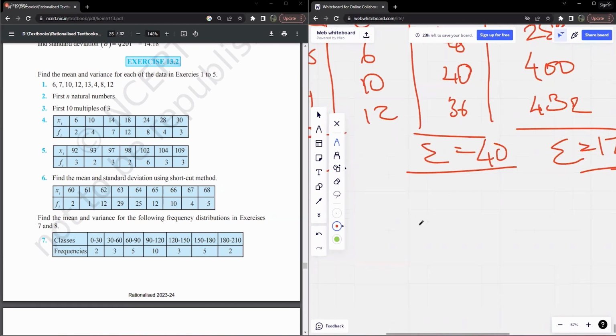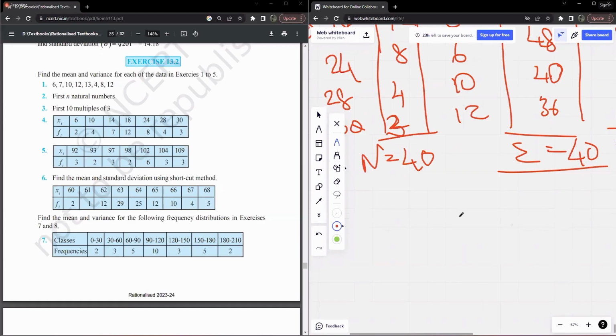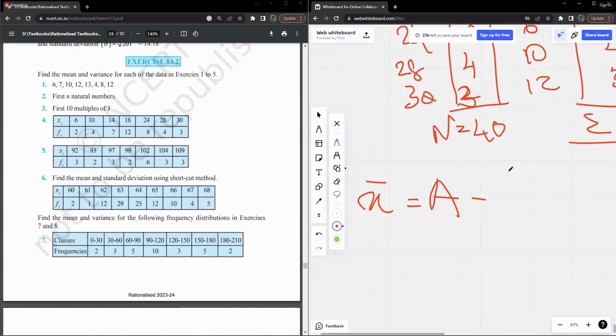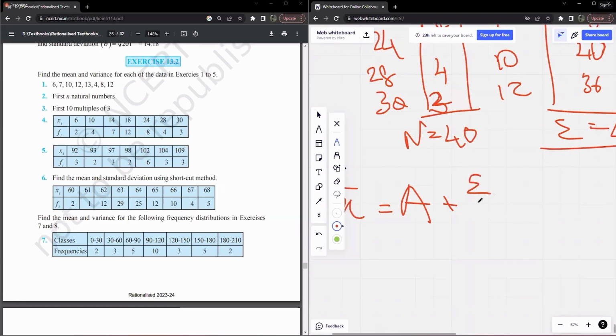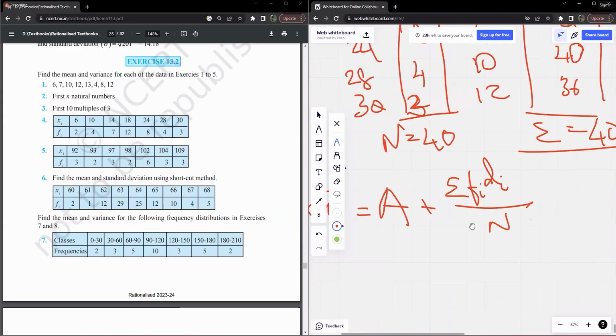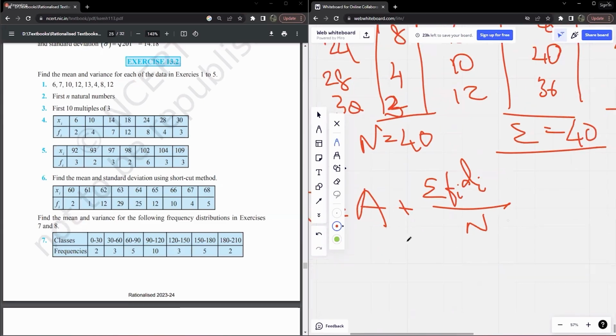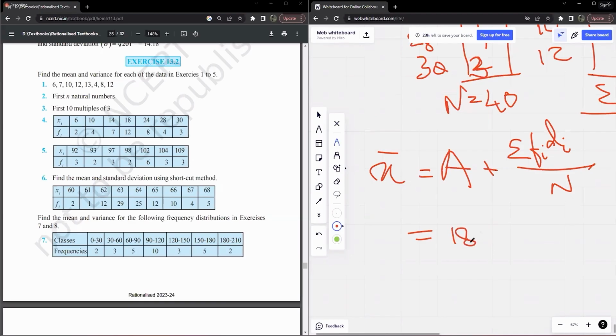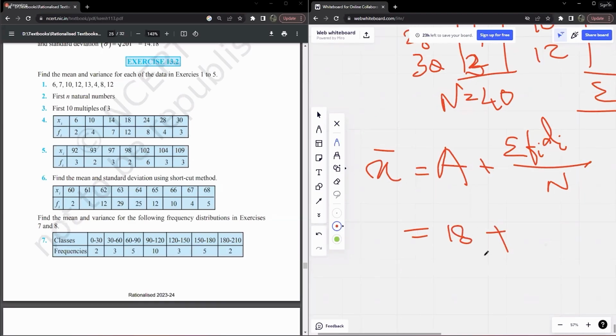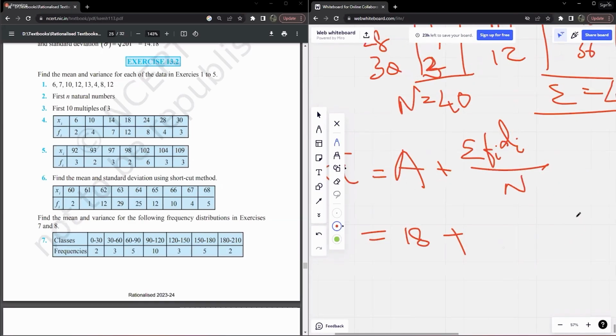Therefore, that x bar is going to be the assumed mean plus the sum of fidi divided by n, right? Which is basically 18 plus 40 divided by 40, which is 19.